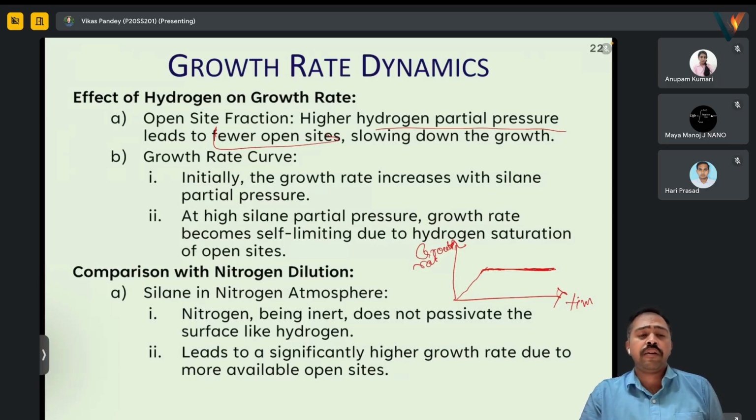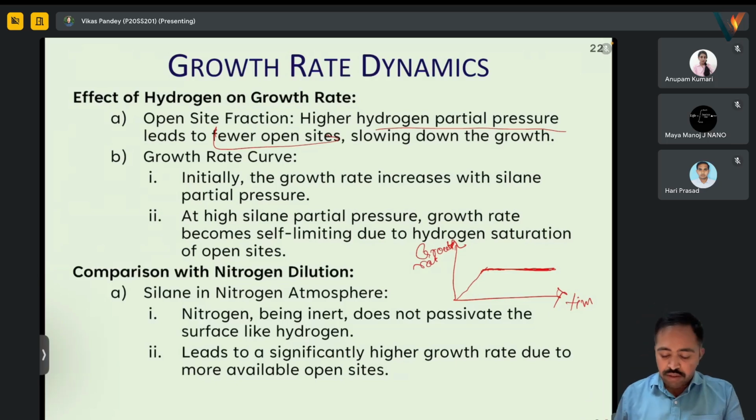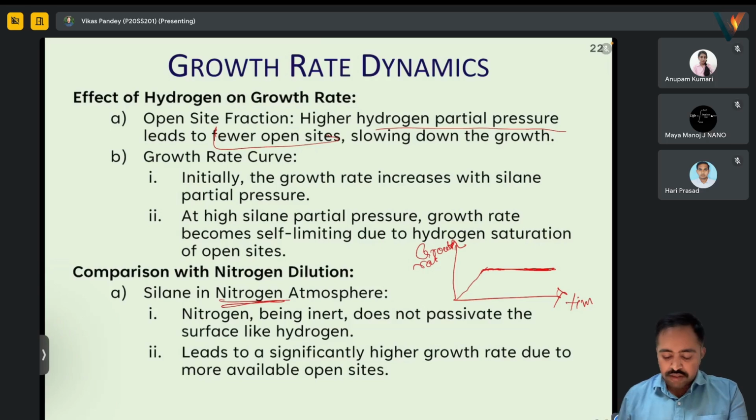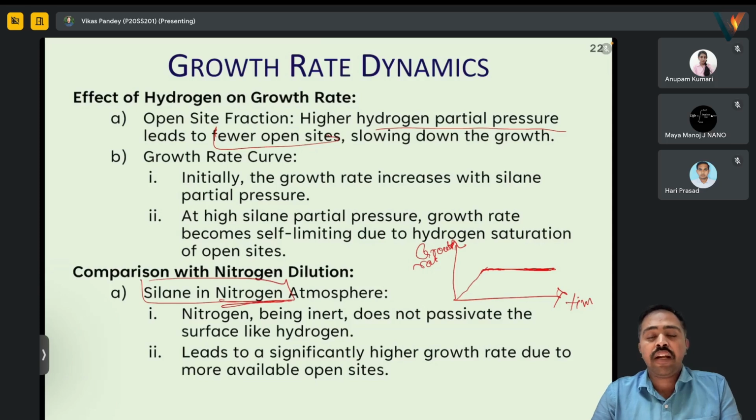To overcome this, generally silane is used along with a nitrogen atmosphere, where it is mixed with nitrogen. And nitrogen being an inert gas does not passivate the surface like hydrogen. As such, mixing silane with nitrogen for silicon epitaxy significantly increases the growth rate due to more available open sites. Hydrogen is not that readily available to cover those dangling bonds.